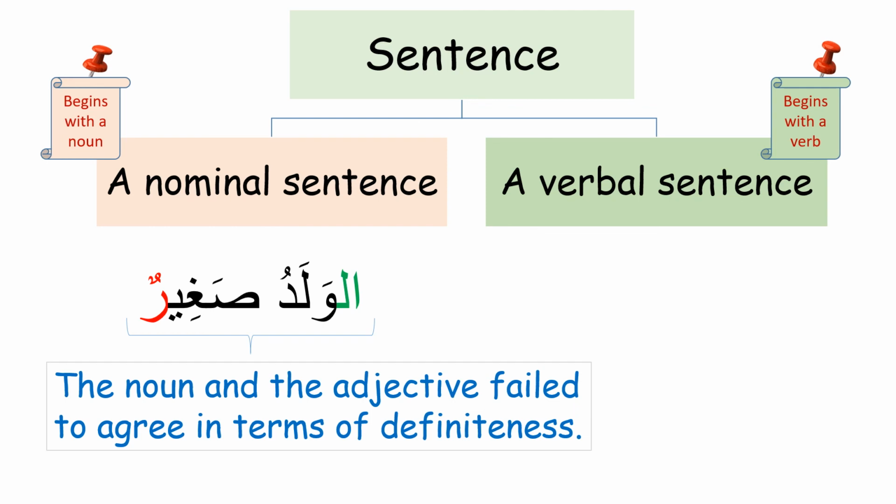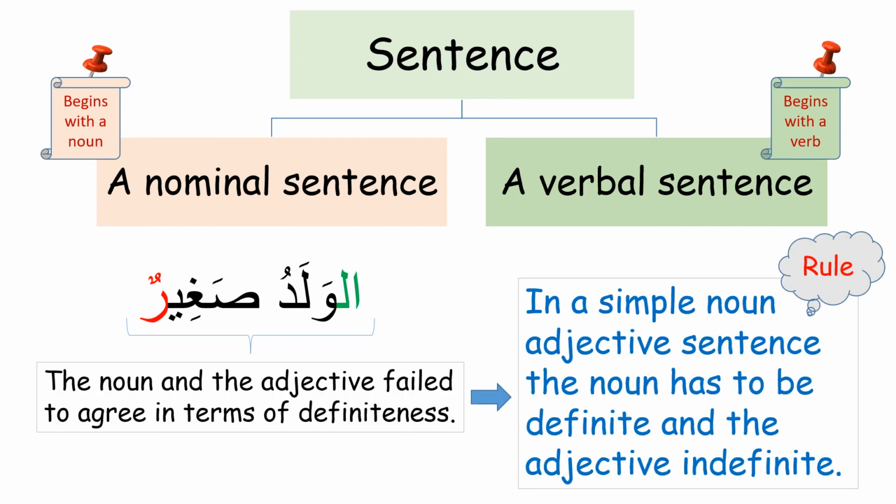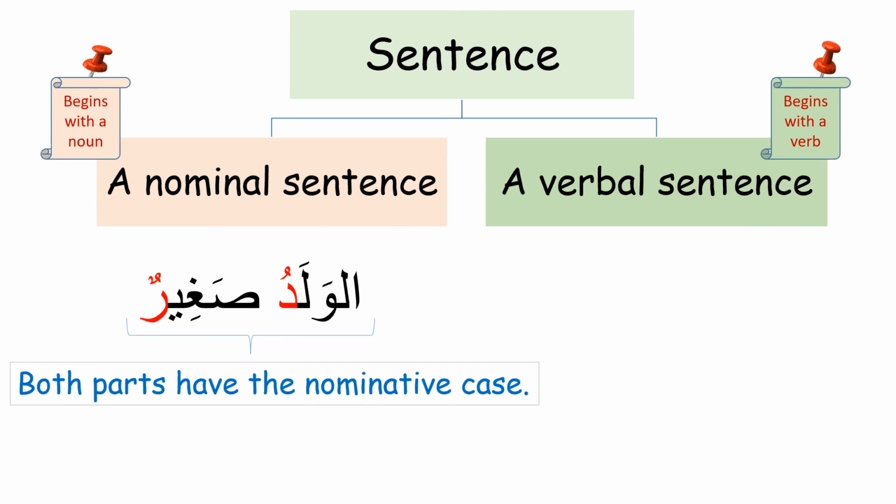The noun and the adjective here failed to agree in terms of definiteness, and that's completely normal since it is the sign indicating that we have a full sentence. In a simple noun-adjective sentence, the noun has to be definite and the adjective indefinite. That's the rule. Another important thing to note is that both parts preserve their nominative case.